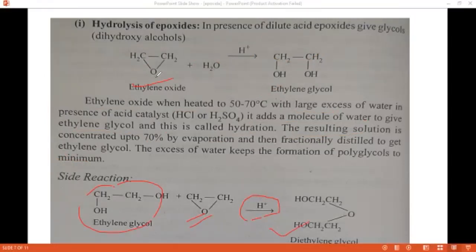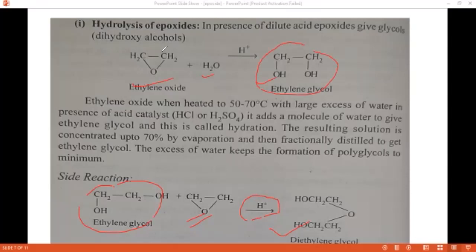In the first step, ethylene oxide undergoes hydrolysis in the presence of the acid, then ethylene glycol is formed. This ethylene glycol, suppose, again reacts with the epoxide, then diethylene glycol is formed. The excess of water keeps the formation of the polyglycols to a minimum.